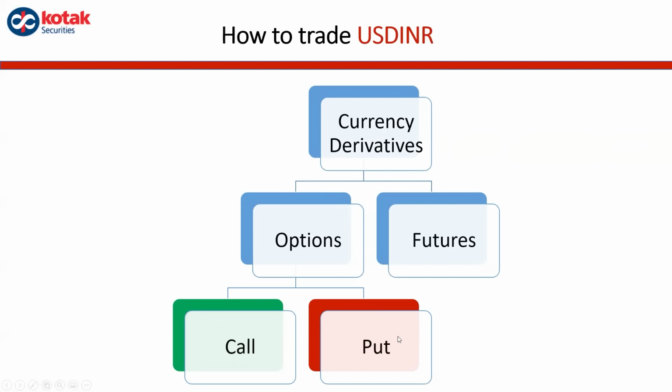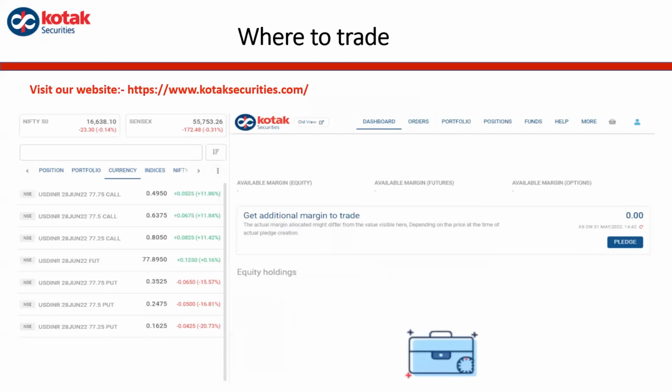Fortunately for the dollar rupee, most of the contracts that are being traded, be it weekly or monthly, are super liquid. You can trade freely. There is no liquidity crunch. The slippages might be very low. That said, you have an option to trade in the weekly or the monthly options and futures.